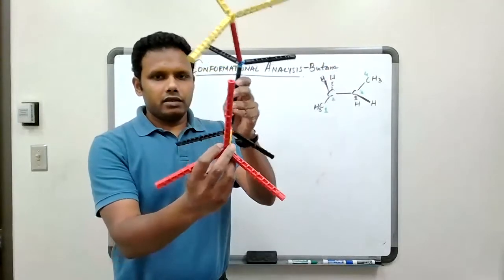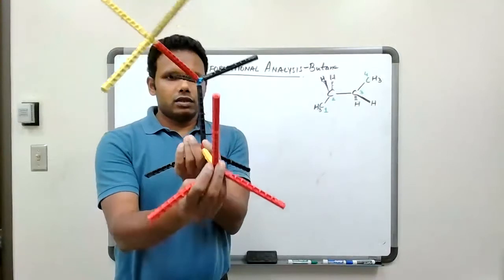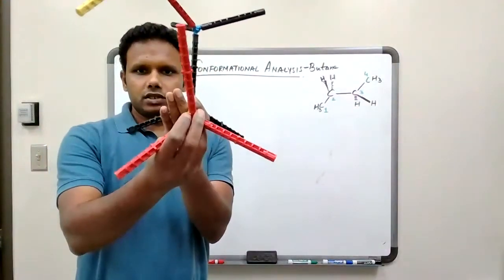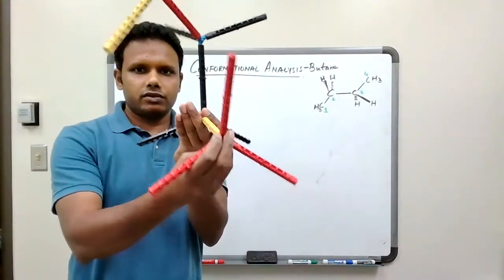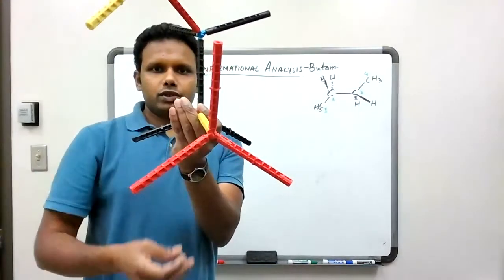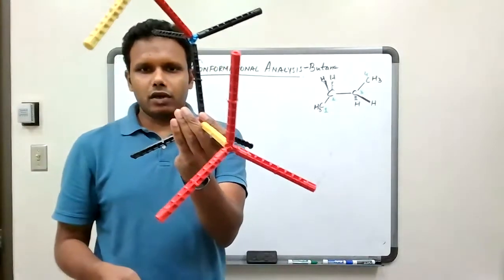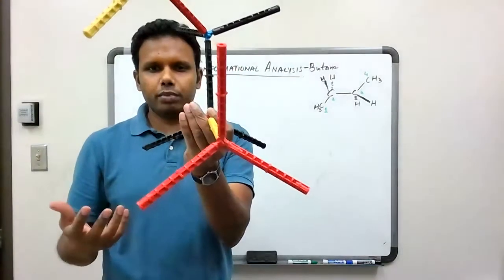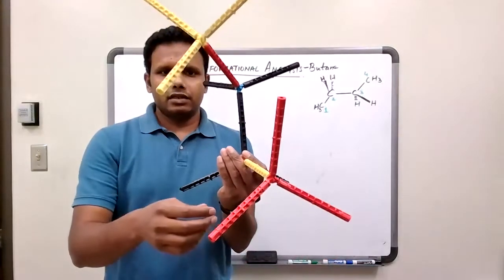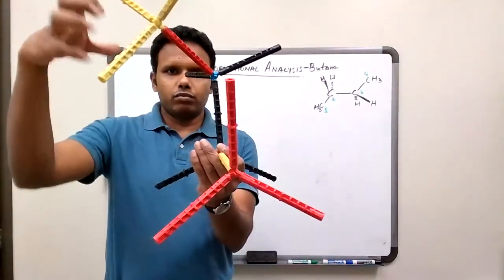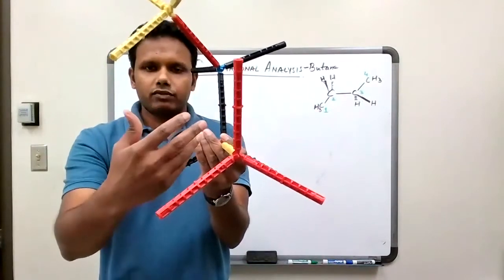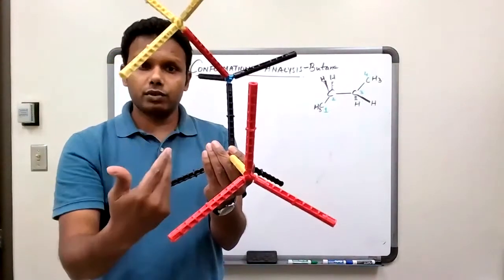So if I look at the C1, C2 bond, and we are looking at an eclipsed conformation here, what you would notice is that this is not that different from like propane, let's say. The only difference I see here is that the group here is now much bigger. So that means the energy of this eclipsed conformation would be higher compared to like propane.